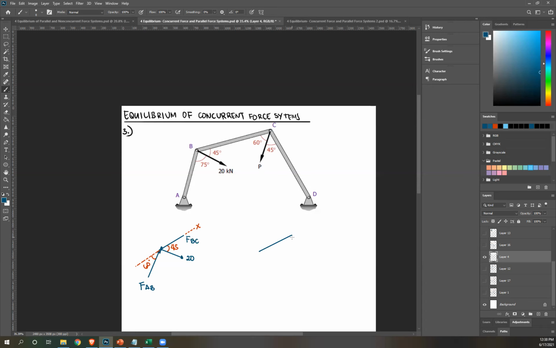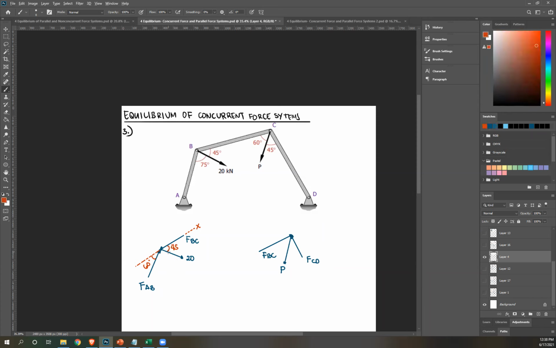This compression, this should also be compression. And then we have an external force here, and this is what we want, the value of P. And then we have another force for member. Again, I'm gonna assume this is compression. So this is FCD, this is FBC.